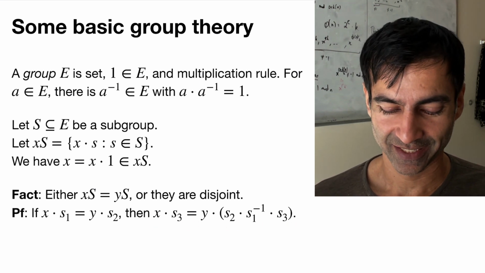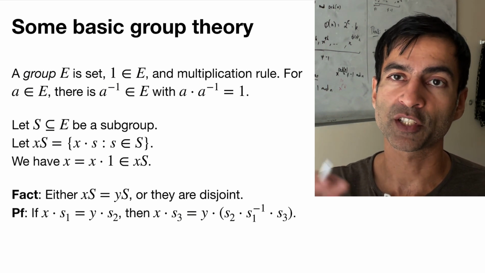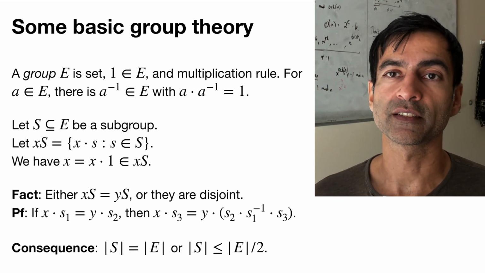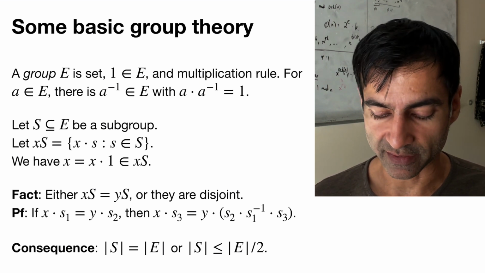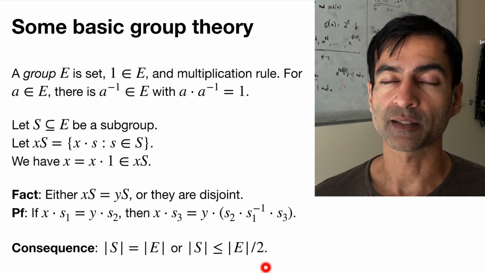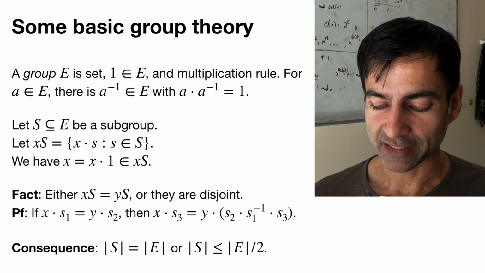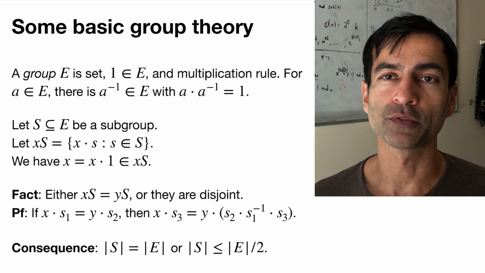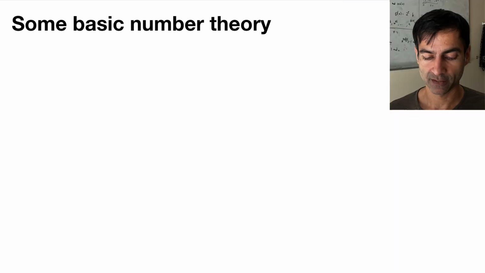This means that when you have a subgroup S of E, the cosets of S partition all of E. And in particular, that means that the size of the subgroup S must divide the size of E. So a consequence of this is that either the sizes of the two groups are equal, or the size of S is at most 50% of E. And this is really the key fact that we'll need. It's used to prove bounds on the error of the algorithms that we'll find.